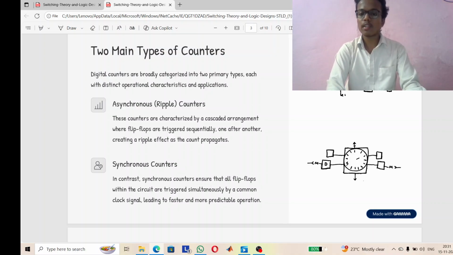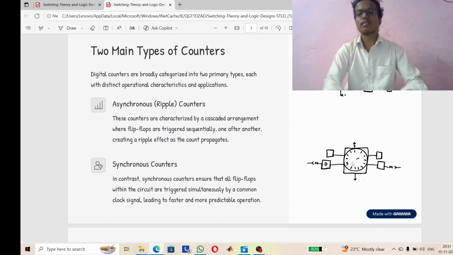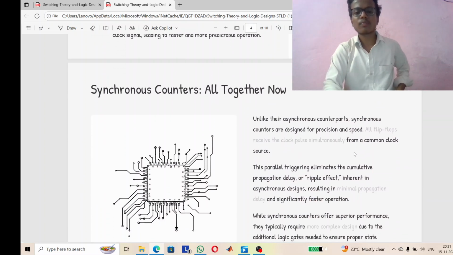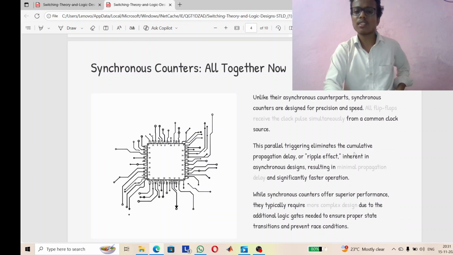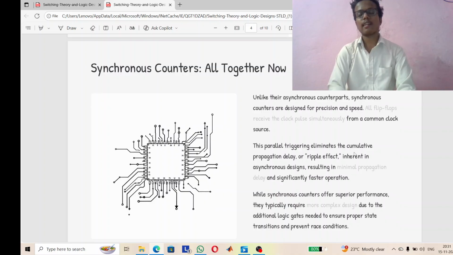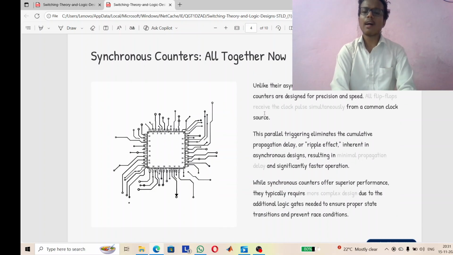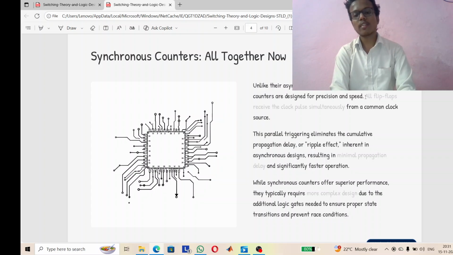See the diagrams of asynchronous counters and synchronous counters. Now a clear-cut explanation of the synchronous and asynchronous counter. First, the synchronous counter. Unlike their asynchronous counterparts, synchronous counters are designed for precision and speed. All flip-flops receive the clock pulse simultaneously from a common clock source.